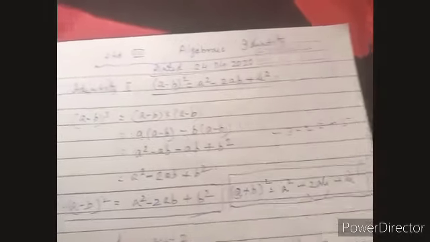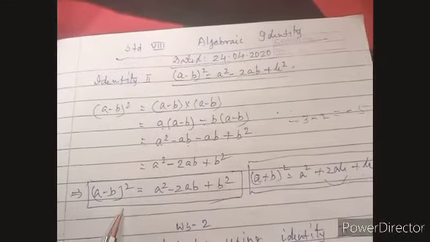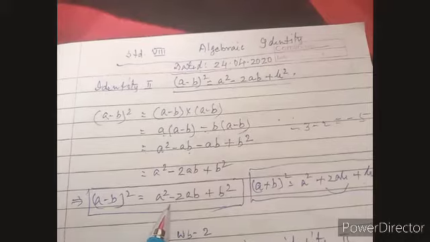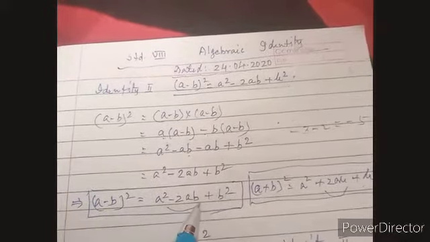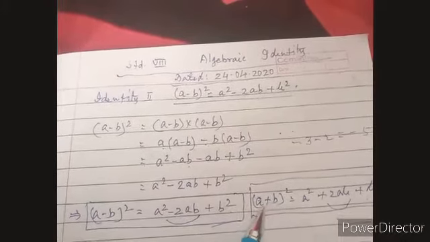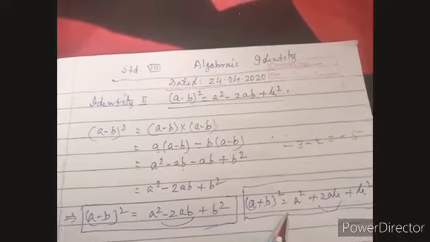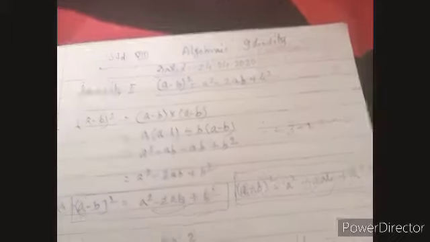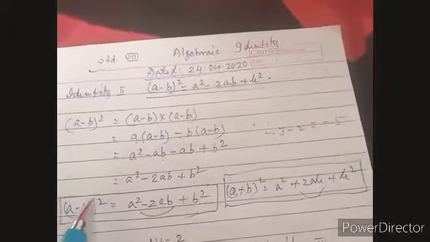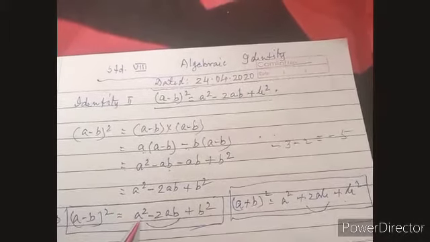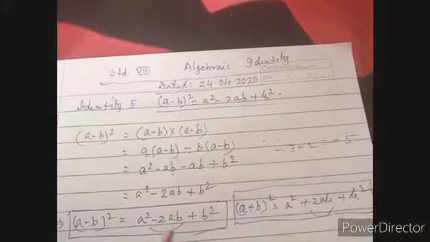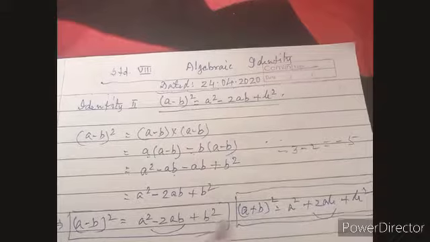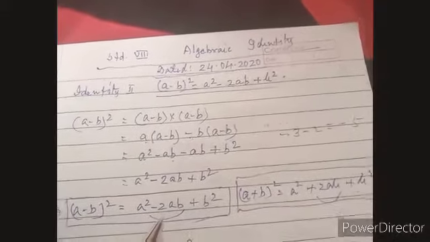But when it is (a minus b) whole square, the middle term is minus 2ab. So the only difference is in the middle term. When a plus b, the middle term is positive, and when a minus b, the middle term is negative.